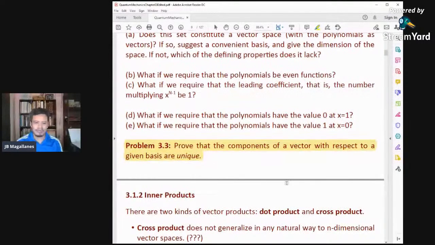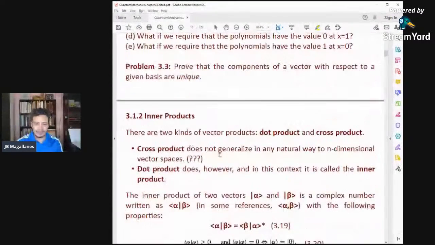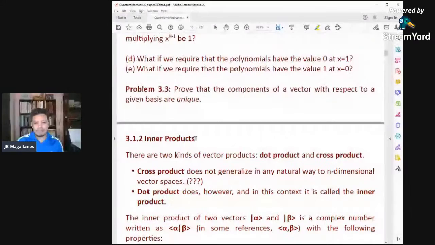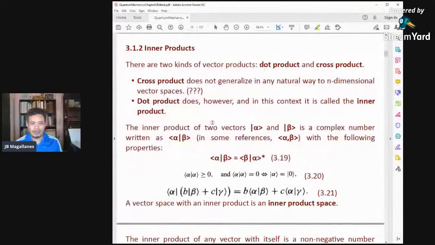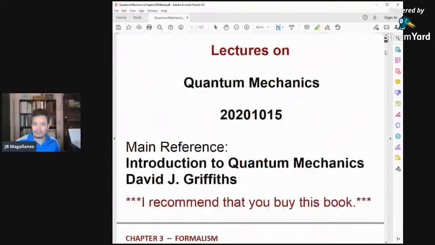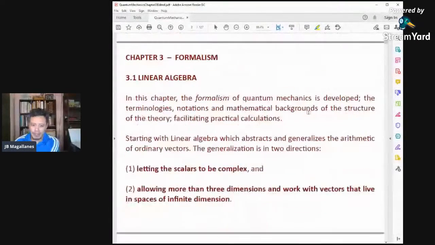There's also another problem here. Prove that the components of a vector with respect to a given basis are unique. Of course, they are unique. So for a vector space, you have an inner product of the vectors. Let's look at the vector space first. Going back.